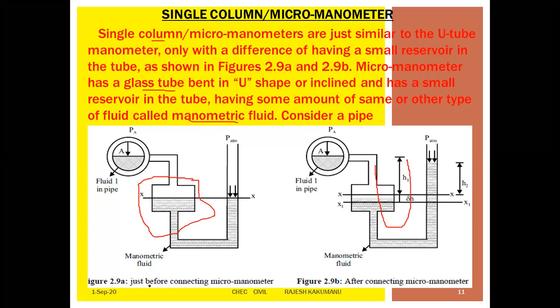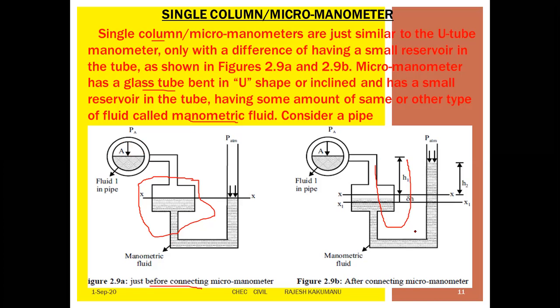Just before connecting the micromanometer and after connecting the micromanometer, how is the setup? See, this is a closed container where you have fluid 1 in the pipe. This is a pressure point at A. This is connected to the micromanometer, single column manometer, where the other end is connected to the atmosphere.